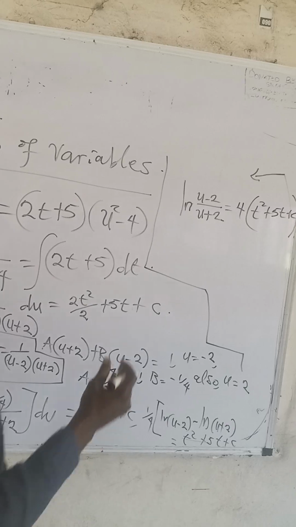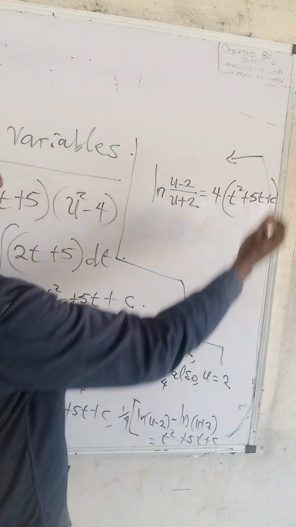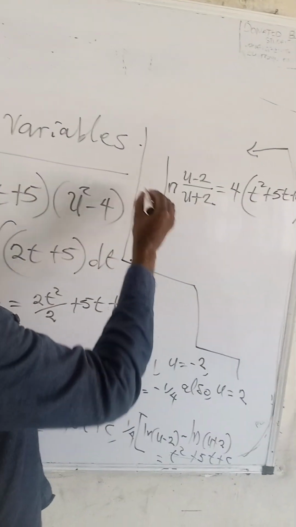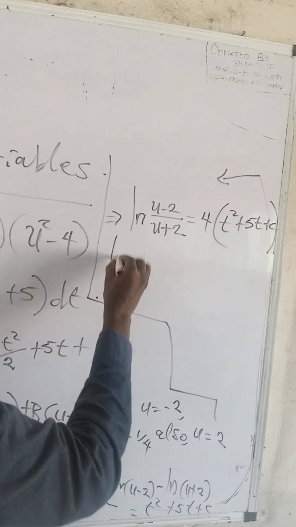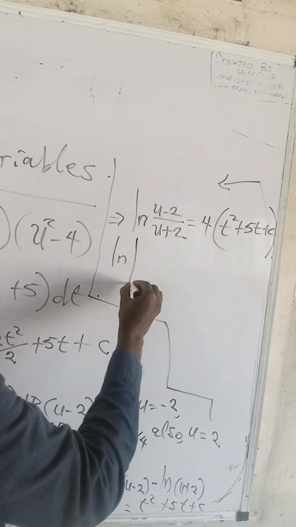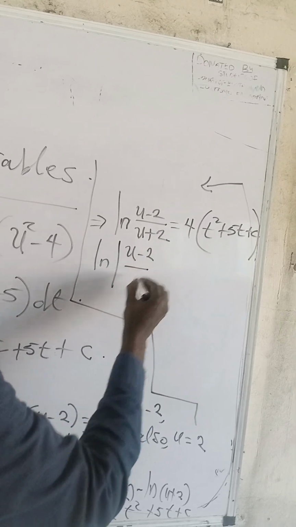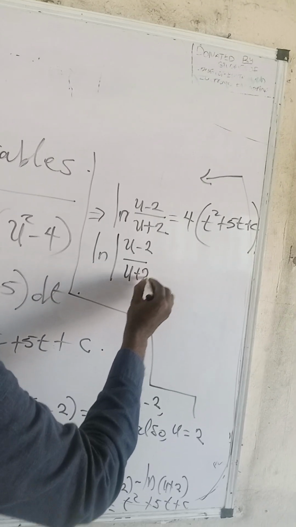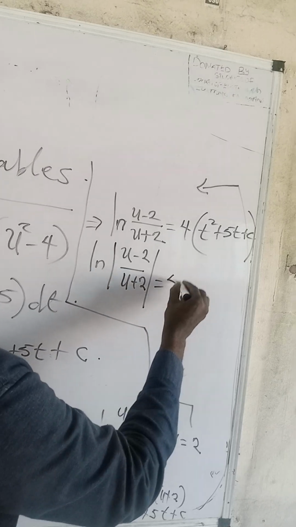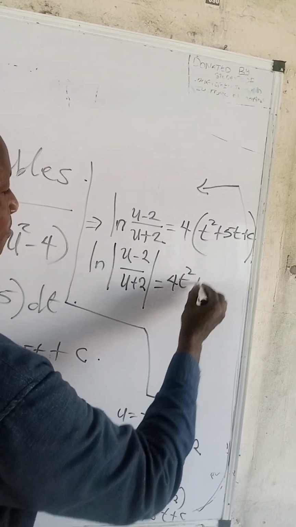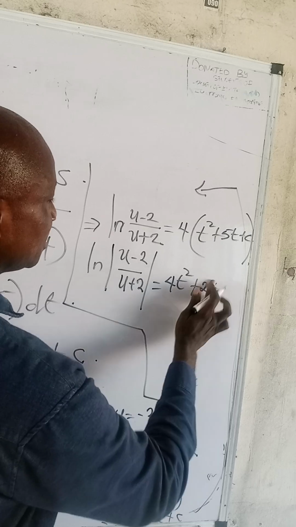Of course, if the bracket is opened, it gives us the natural log. Perhaps you can introduce the absolute value so that you get a real number, of (u minus 2) over (u plus 2) equal to 4t squared plus 20t.